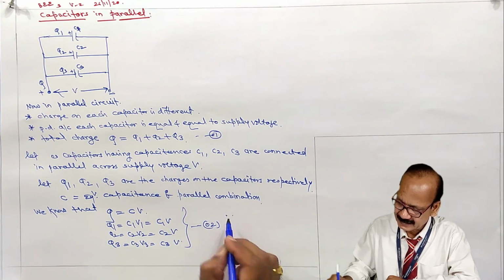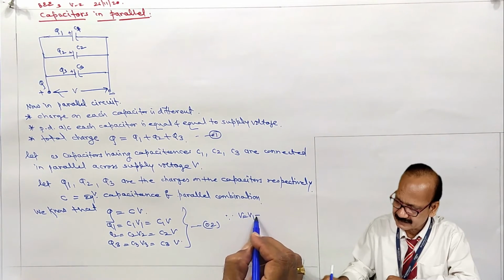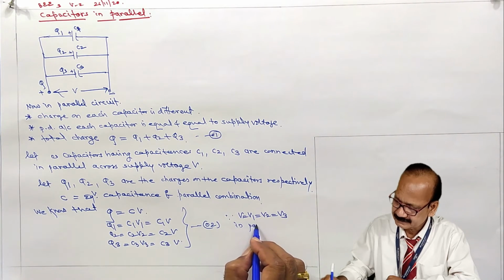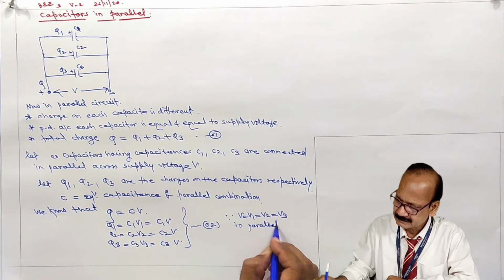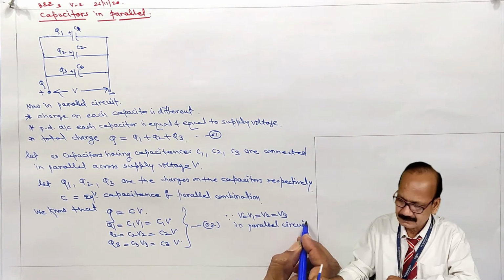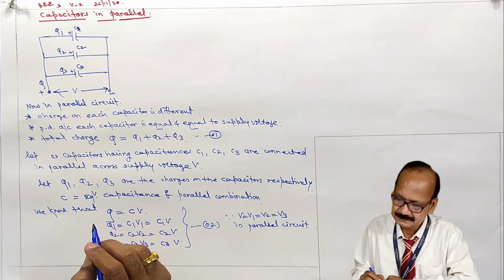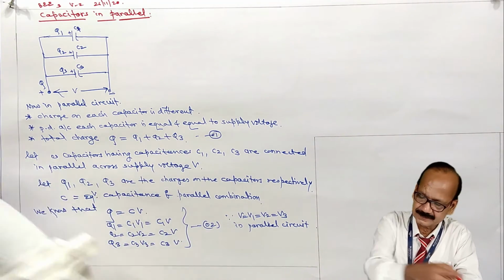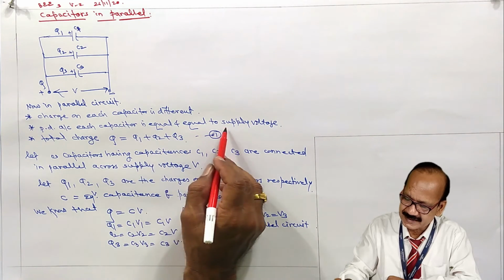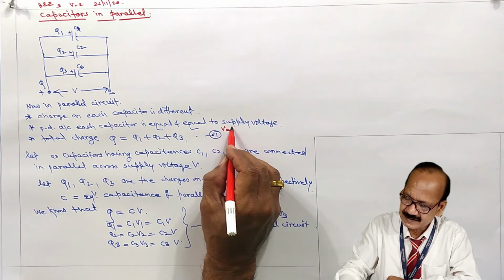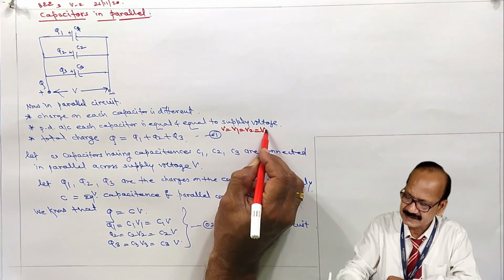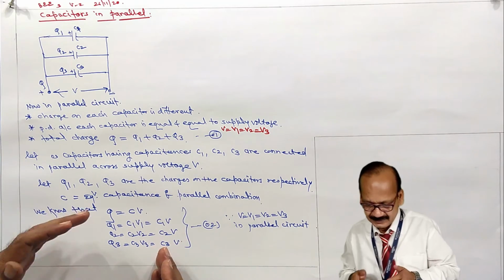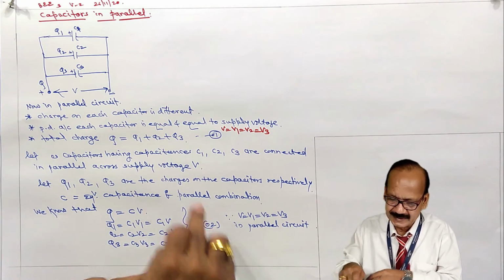Equation 2 as Phi equal to Phi1 equal to Phi2 equal to Phi3 in a parallel circuit. See here, PD across each capacitor is equal and equal to supply voltage, that is V equal to V1 equal to V2 equal to V3. Okay. So in this way, now let us put equation 2 in equation 1.